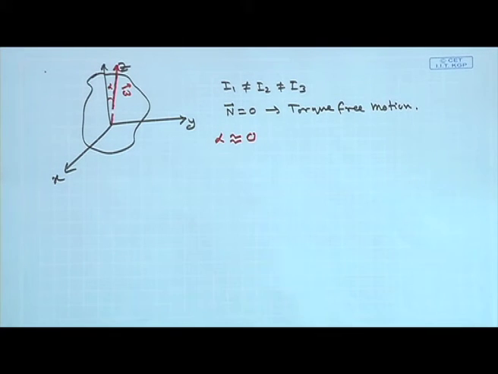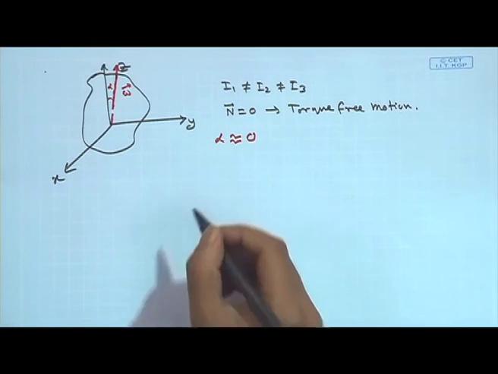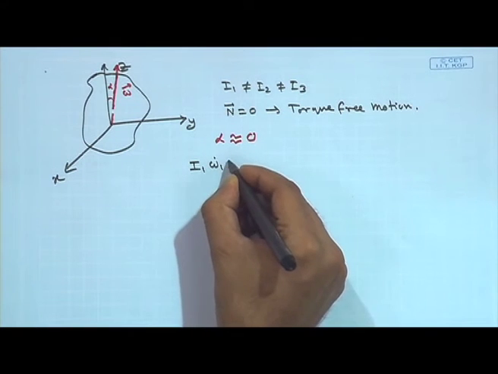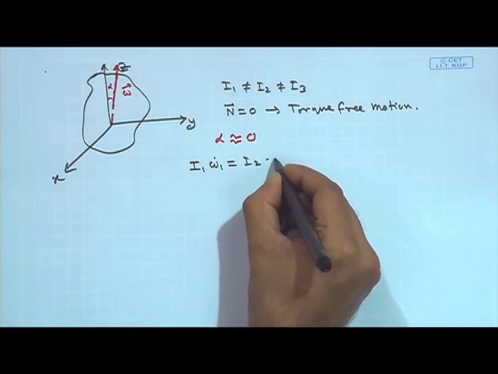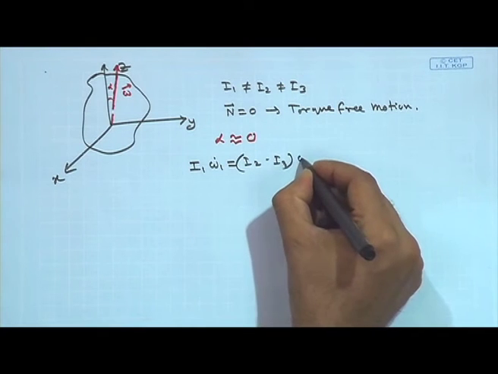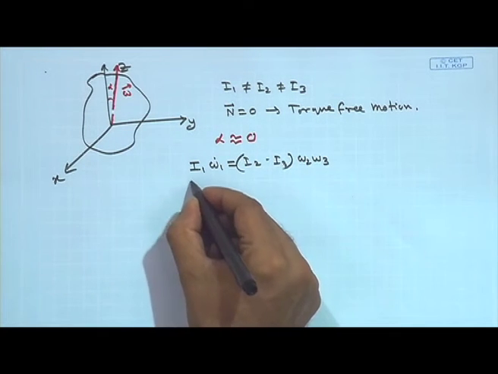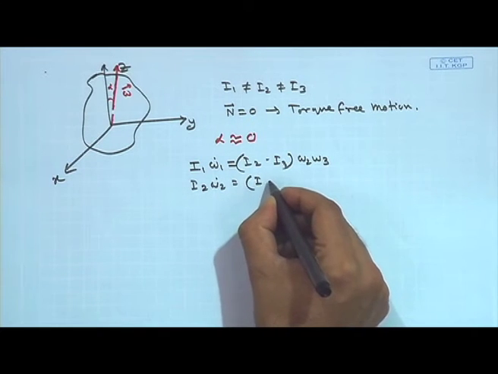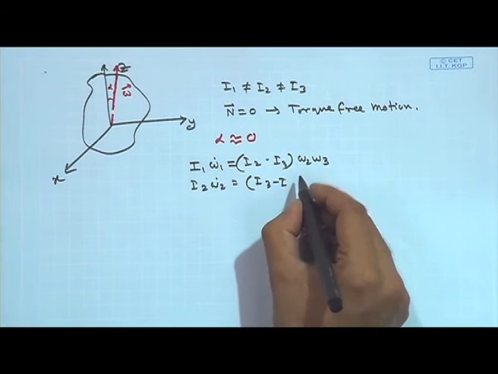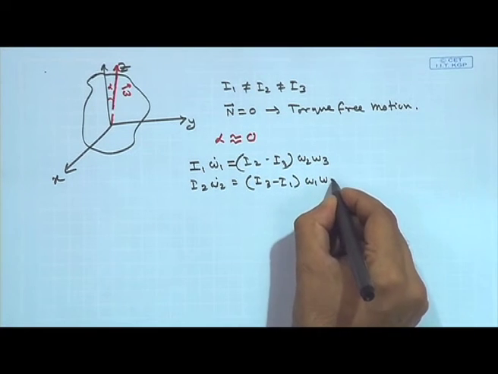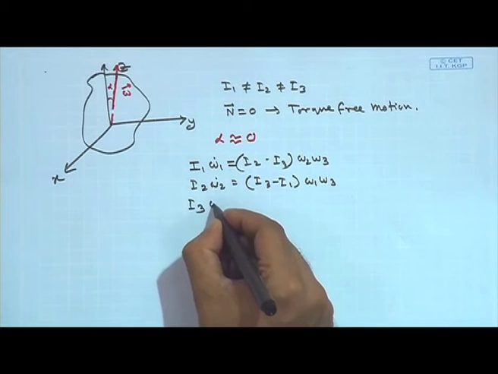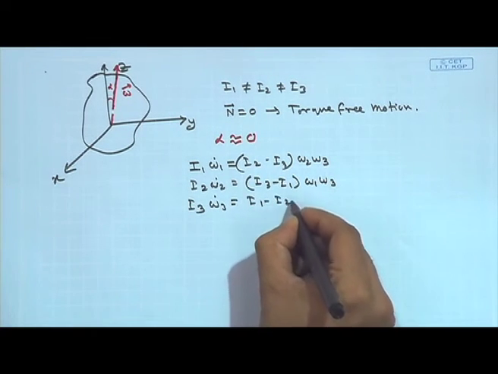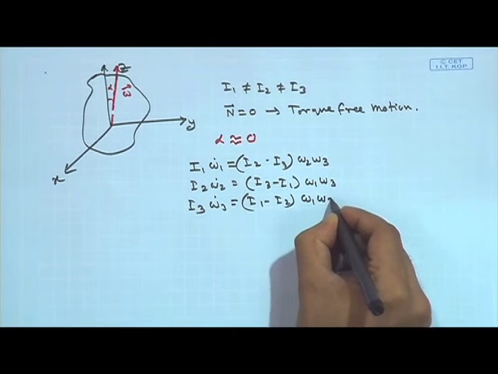Now if we start writing Euler's equation for this system, we get I1 omega 1 dot is equal to I2 minus I3 omega 2 omega 3, I2 omega 2 dot is equal to I3 minus I1 omega 1 omega 3, and I3 omega 3 dot is equal to I1 minus I2 omega 1 omega 2.